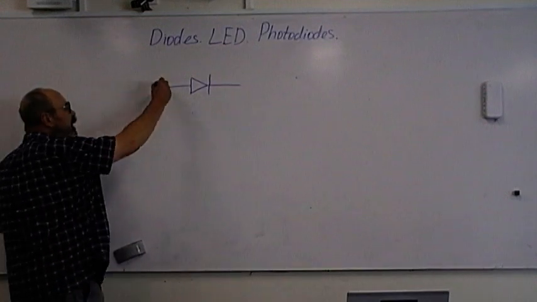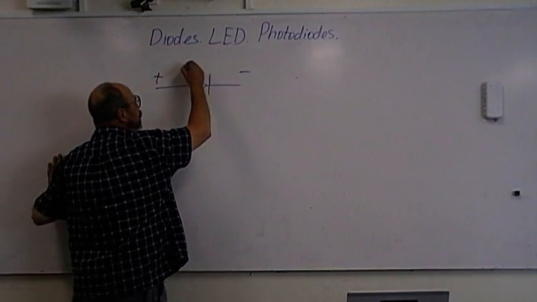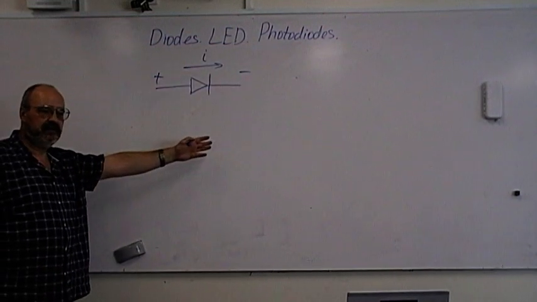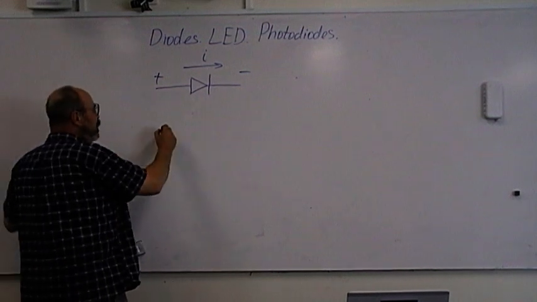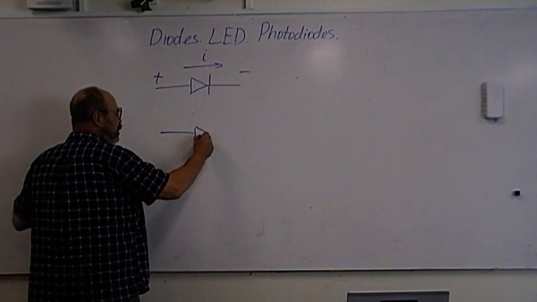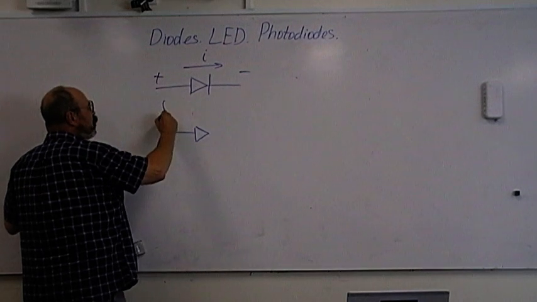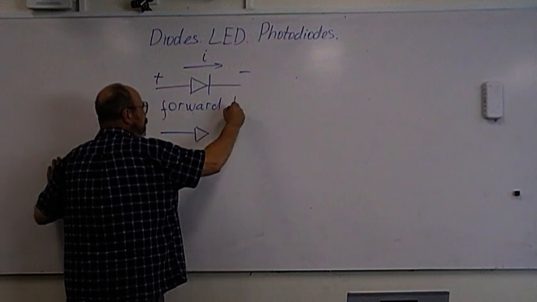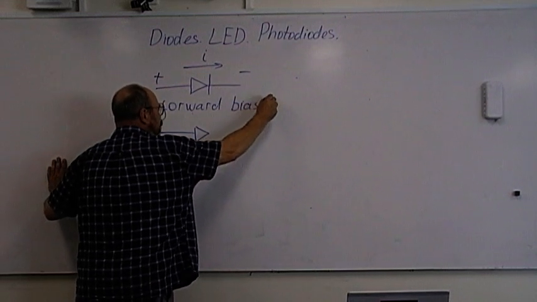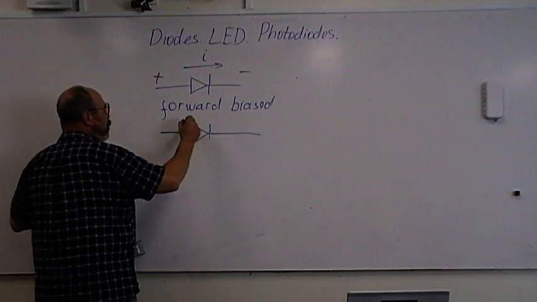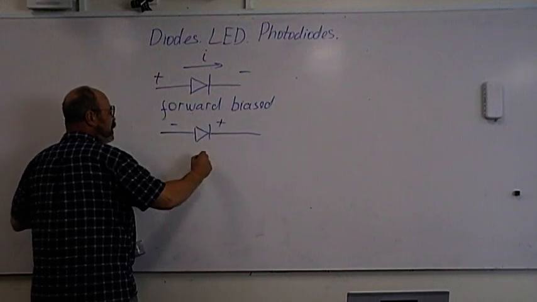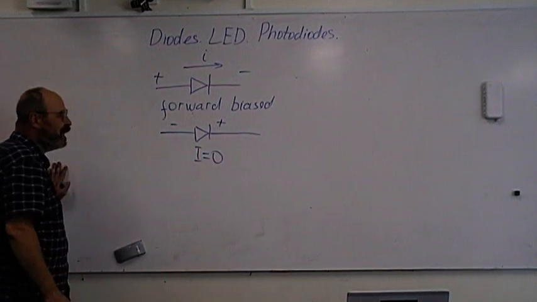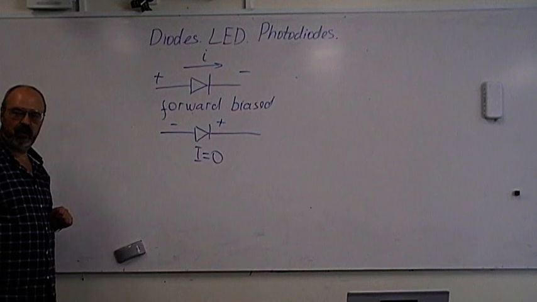If you connect plus here, minus here, we get current coming through. The diode is open for current. If you connect the diode like this, it's called forward biased, and it can conduct electric current. If we connect it minus here, plus here, in the ideal diode the current will be equal to 0. It does not allow current to go through.